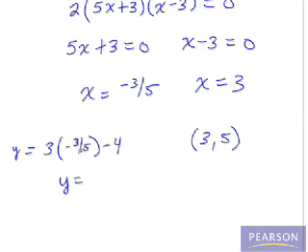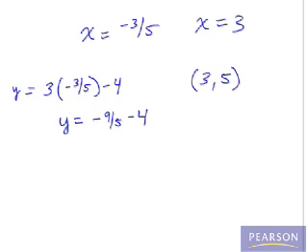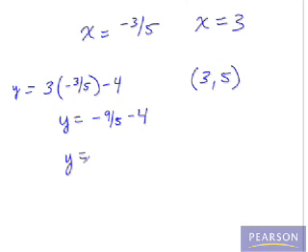We end up with negative 9/5 minus 4 is equal to y. 4 is the same as 20/5, so we end up with negative 29/5. So that ordered pair would be x equals negative 3/5, comma, negative 29/5.